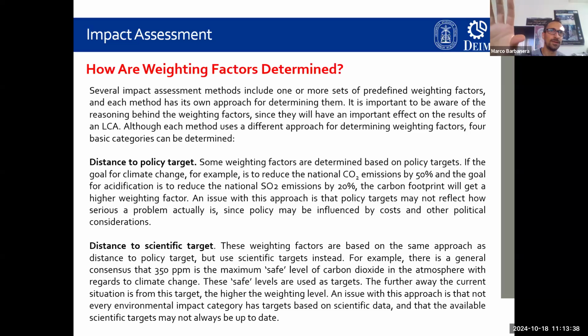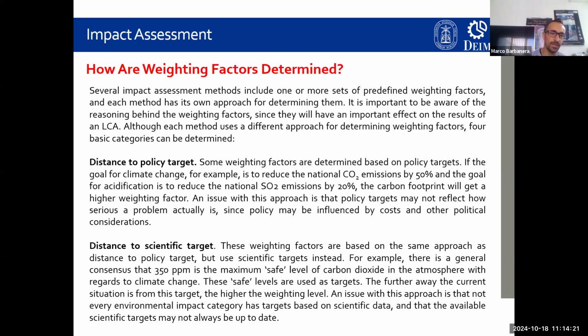And so, if, for example, in Europe, we have emissions, so we have a concentration in the atmosphere of this kind of compound similar to the target or lower than this target, this impact category will be characterized by a low weighting factor.